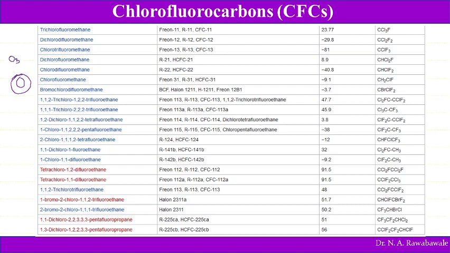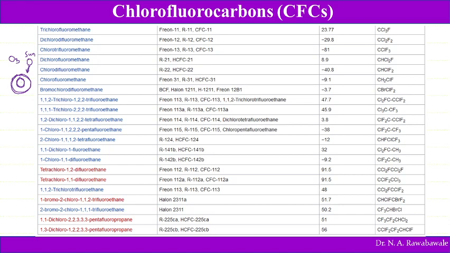This layer, which envelops the complete earth, protects the earth from the ultraviolet radiations coming from the sun. If these ultraviolet radiations come directly on the earth, they are harmful to all living beings, maybe plants, human beings, animals or microorganisms.